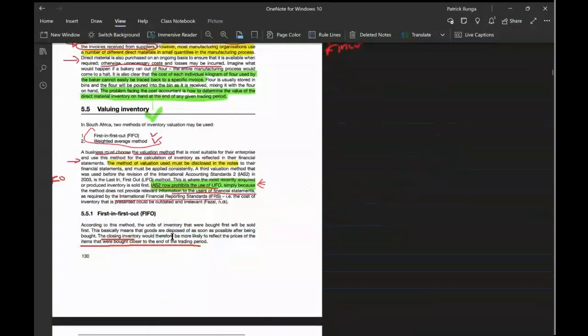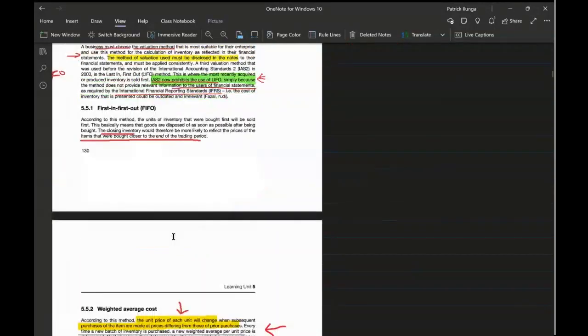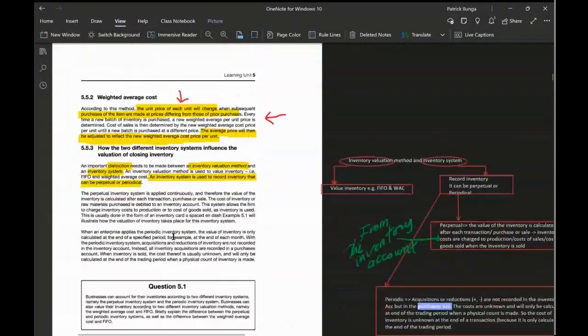All right, now we come to the main part of this tutorial. We have first in, first out, and we have the weighted average method. These are ways of valuing the inventory.